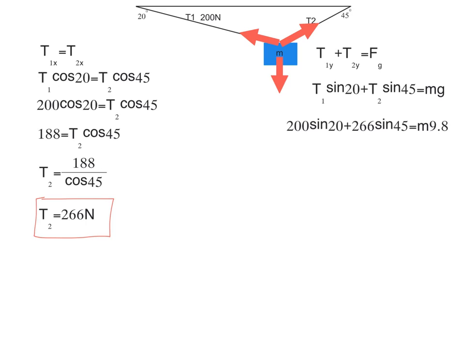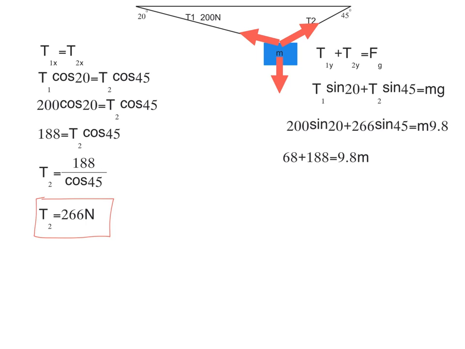Okay, let's do the mathematics that we can. Let me see if I can copy. Yep, paste. Perfect. Oh, that's way simpler. Okay, 200 sine of 20 will actually give us a value of 68.